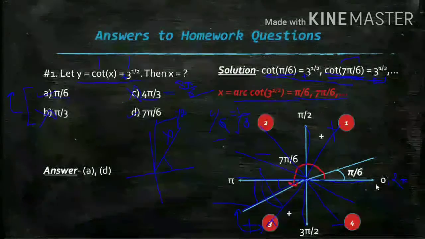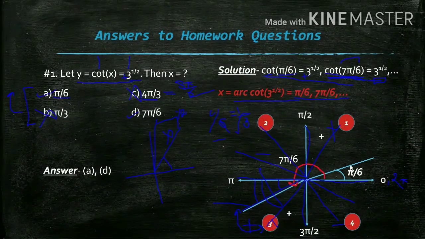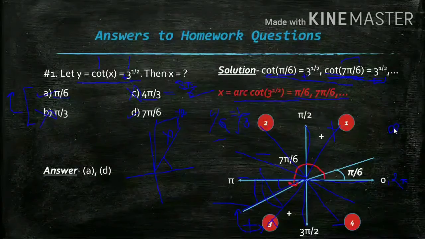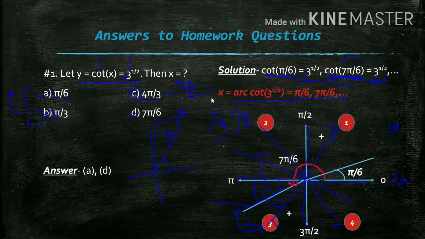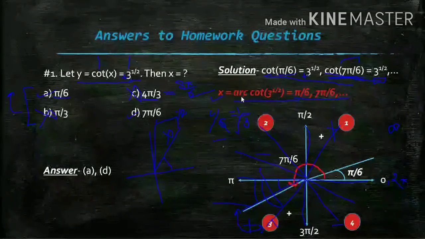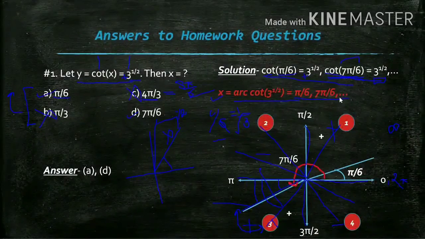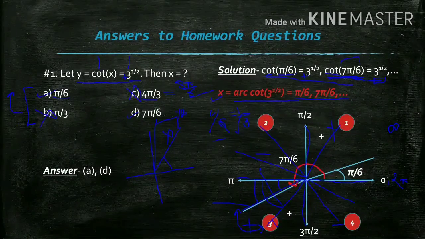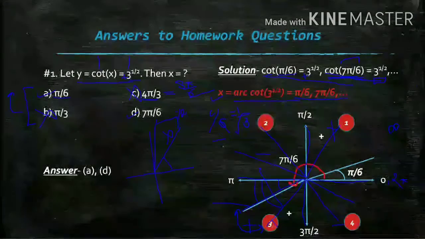Just write some negative values as well, one negative value, one positive value, and so on. An infinite number of values are possible, and then afterwards you will write that x would be this thing. So these are the angles possible for x, right? Okay, so I hope you are clear with this question.